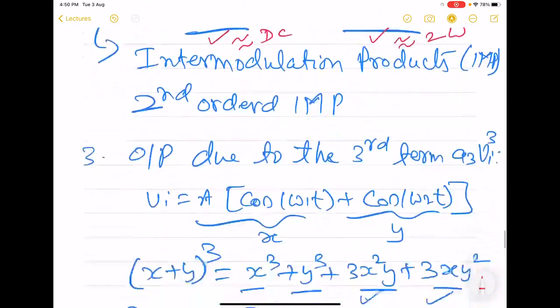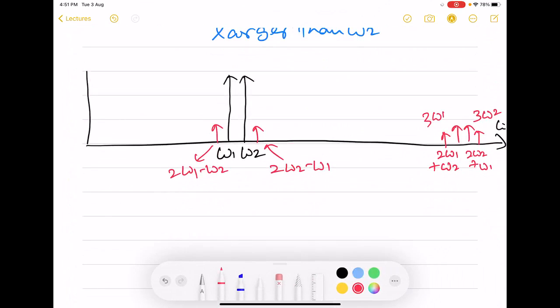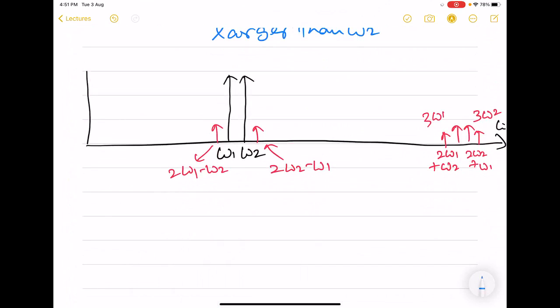So now we can plot the contribution of the second order term. We have already seen this will give rise to components at 2 omega 1 and 2 omega 2. And then there will be a term at omega 1 plus omega 2, which will be in between 2 omega 1 and 2 omega 2.